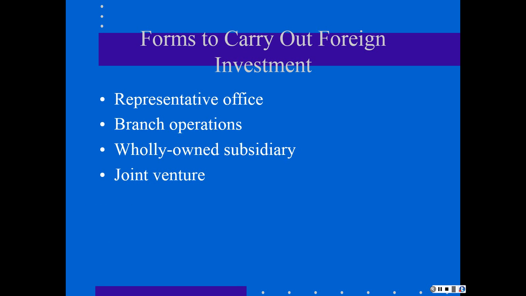Well, when we decide that we're going to do business globally, that means we have some kind of a presence overseas or in some foreign country. We have to choose the form to carry out the foreign investment.